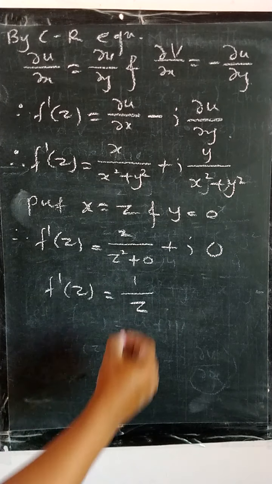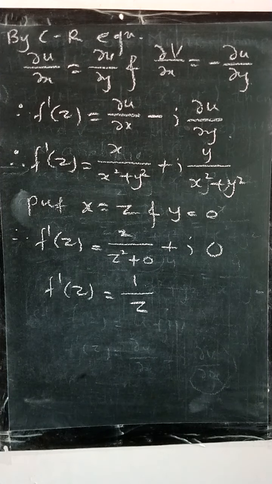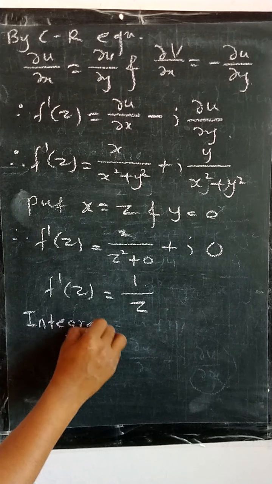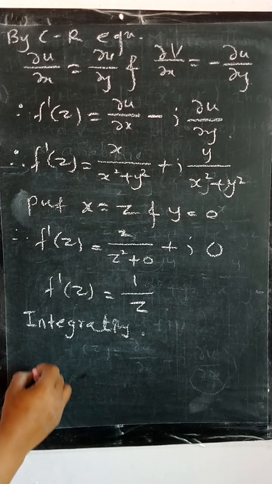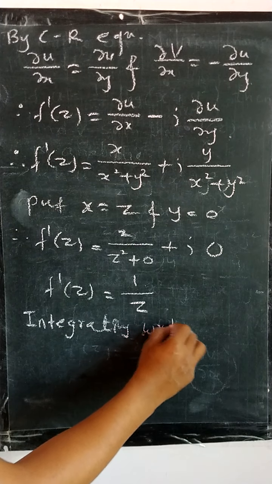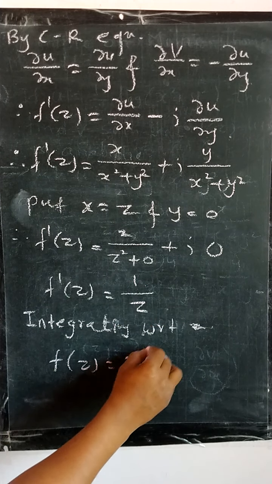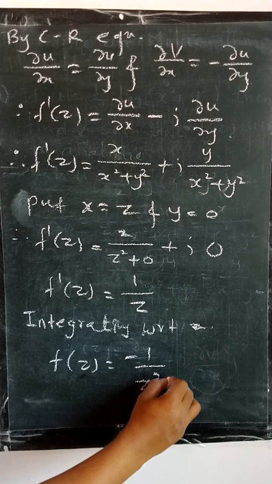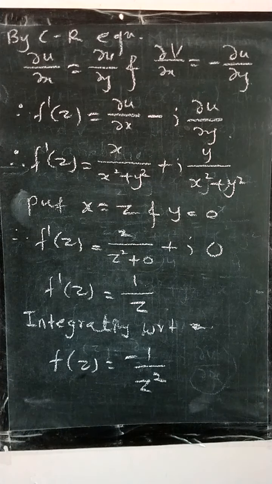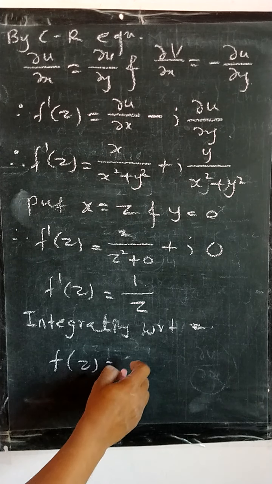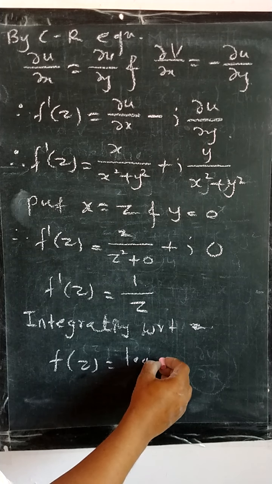So therefore to get f of z in terms of z, we integrate it. Integrating with respect to z, we get f of z, and integration of 1 upon z is log of z.